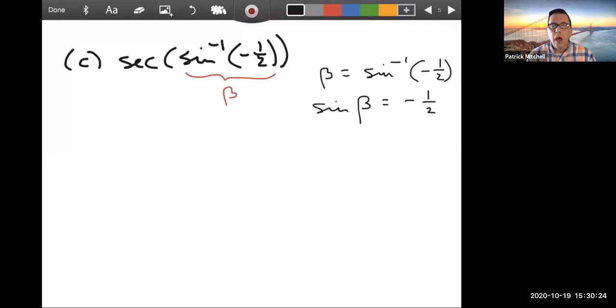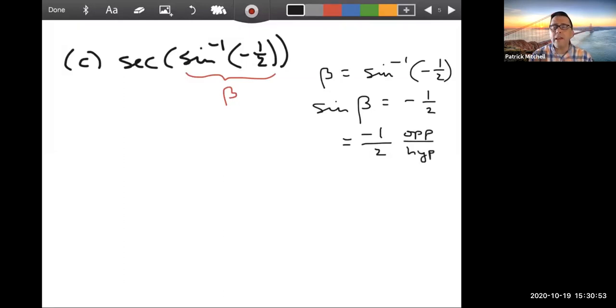So that negative, you can still use SOHCAHTOA. I mostly think of SOHCAHTOA as the opposite, the adjacent and the hypotenuse all being positive, but you can tweak that a little bit. So I'm going to think of this as -1/2, and I'll make -1 my opposite and 2 my hypotenuse.